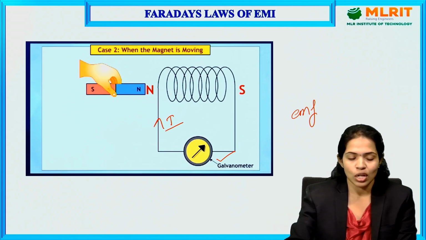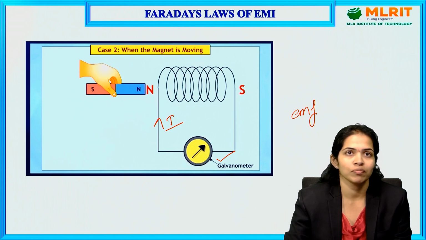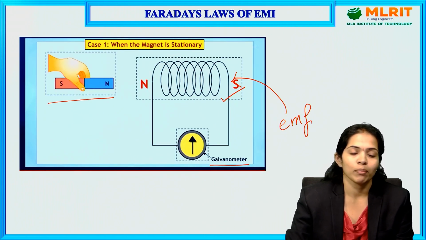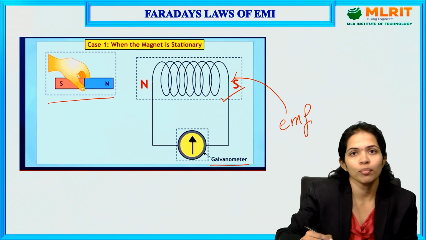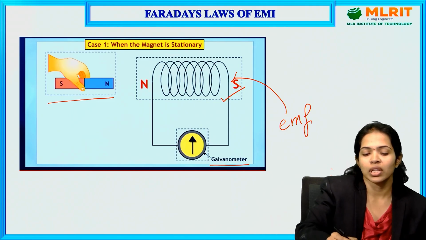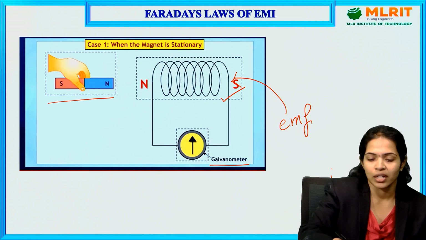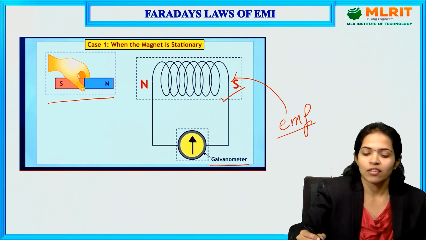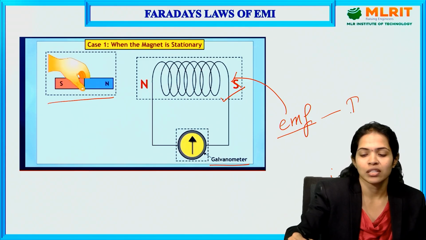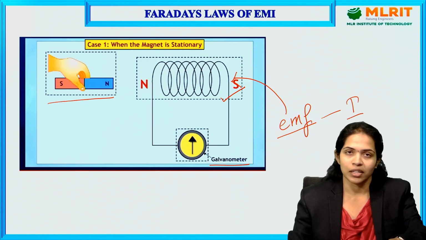So, in Faraday's laws of electromagnetic induction, we have two cases. Case 1: when the magnet is stationary and the coil conductor is rotating or moving, there will be a deflection shown in the galvanometer connected to the conductor, which is nothing but the electromagnetic force. This EMF is responsible for the current in the conductor.